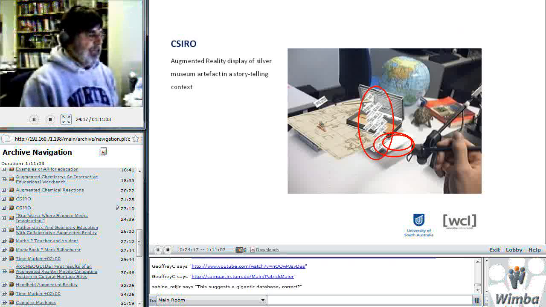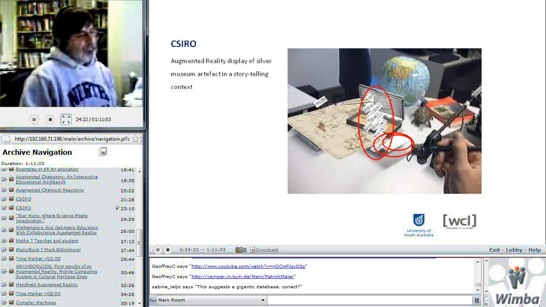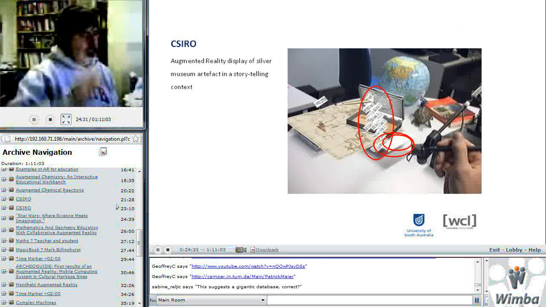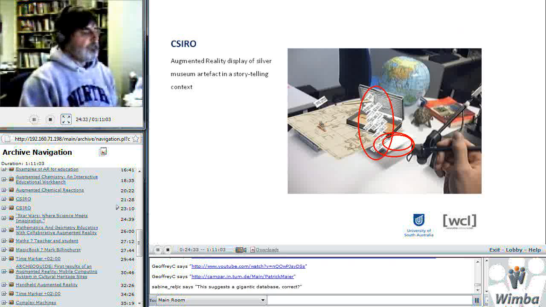So the ability to build complicated visualizations and interactions in museum exhibits is quite good. And without having to physically rebuild things, like physical walls, you can change your exhibits more quickly.